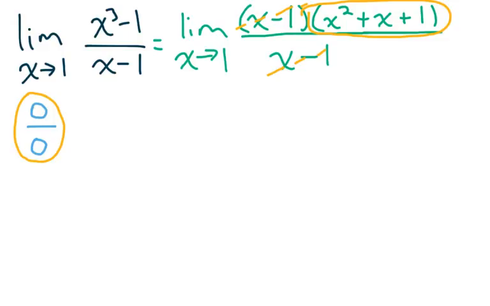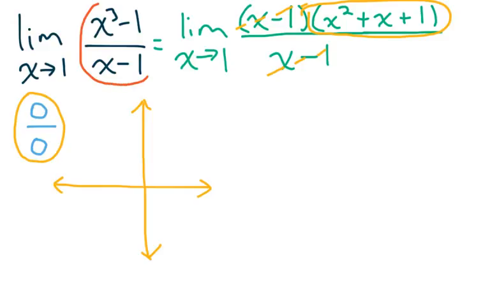One thing you do have to be careful about here is if you went into a graphing calculator or some graphing utility and tried to graph the function we started with, x cubed minus 1 over x minus 1, it's going to look like this parabola.